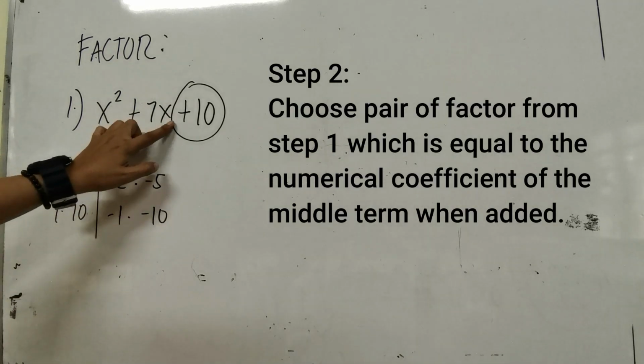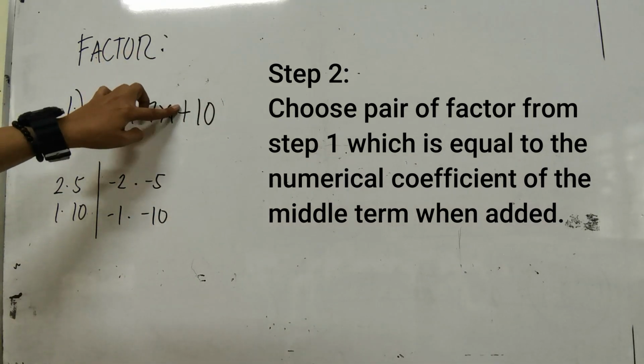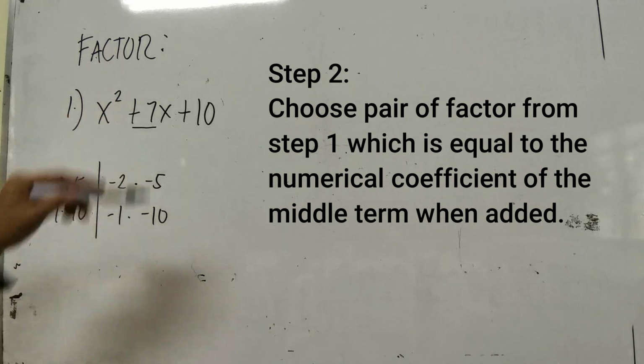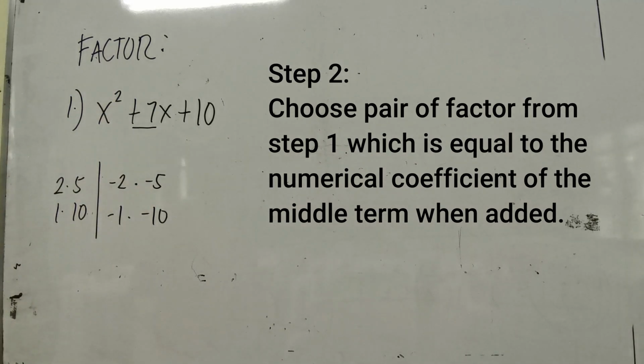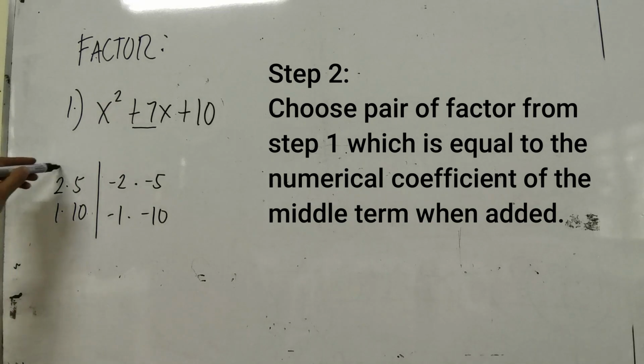After nating ilista ang factors ng ating constant or last term, we have to choose or piliin natin ano ba yung factor ni constant na kapag inadd natin, ang sagot ay yung ating middle term. So if we're going to check, 2 plus 5 is positive 7. Nakuha na kaagad natin.